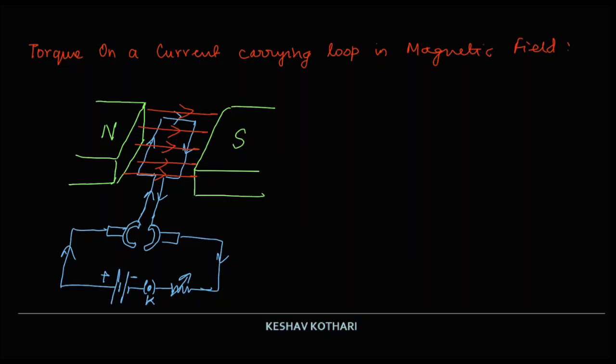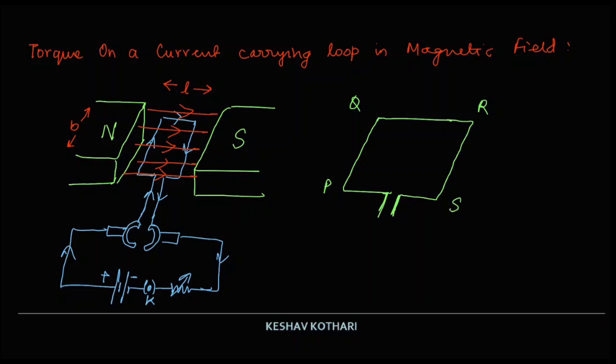If I consider that this is the length L of the loop and the breadth of the loop is B. Now if I calculate the value of force which it is going to experience due to the magnetic field B, I am drawing one more diagram over here for this current carrying loop, and we are naming it PQRS.